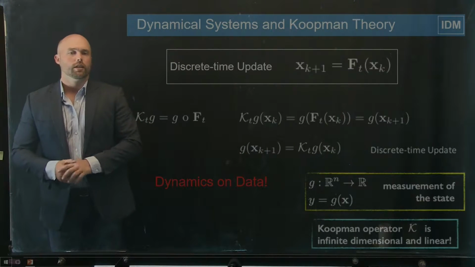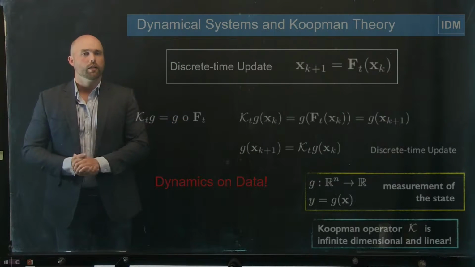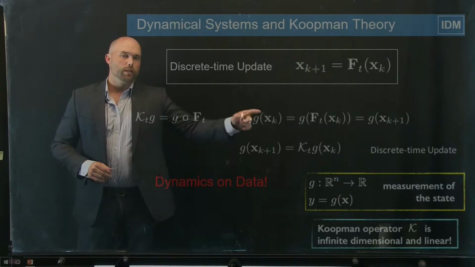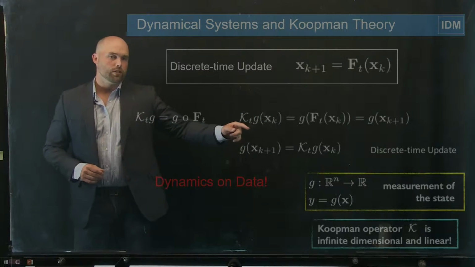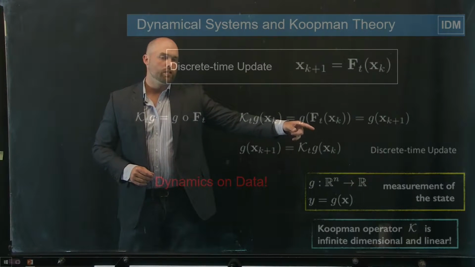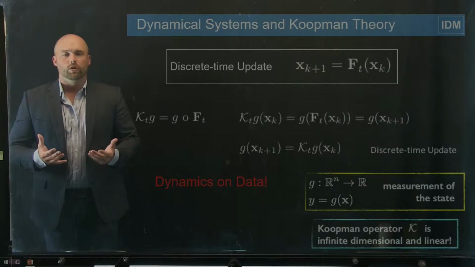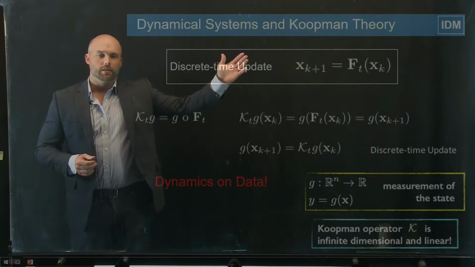We can compose that with our nonlinear update, and what we get is a Koopman operator acting on an observable function, which is then evolved in time. So we actually get dynamics on data versus dynamics on states.